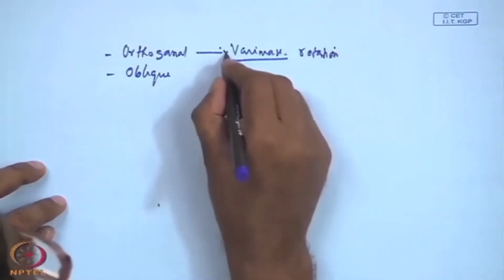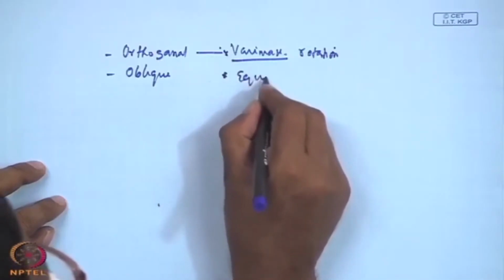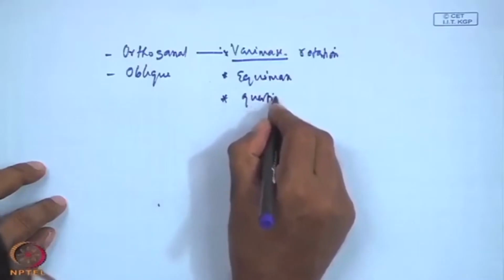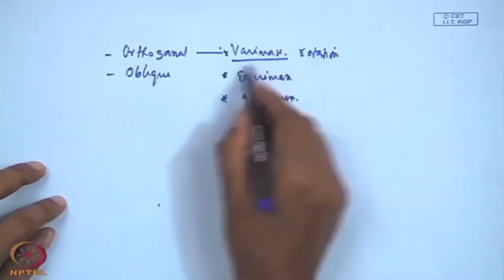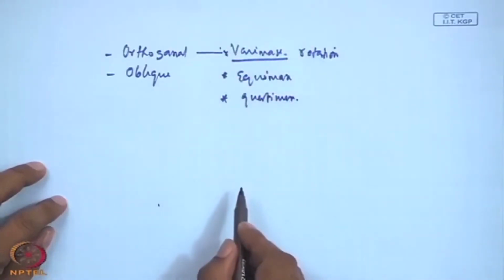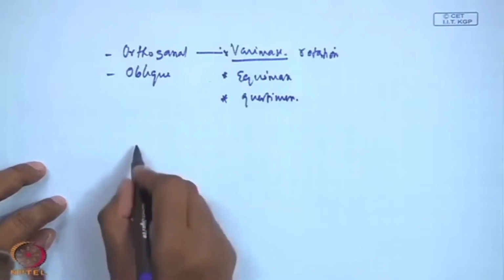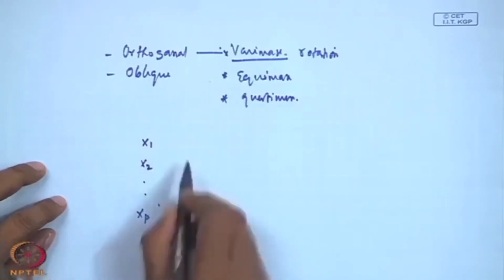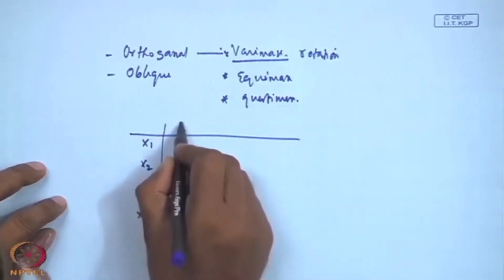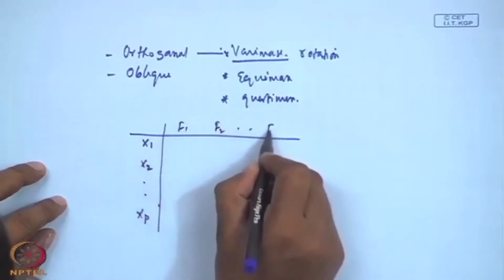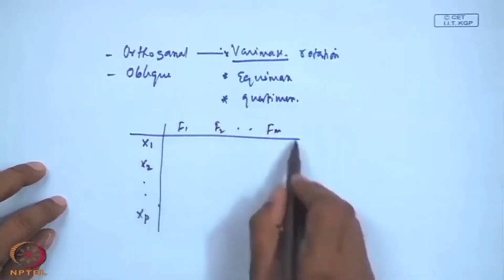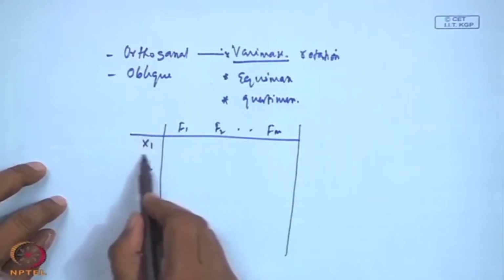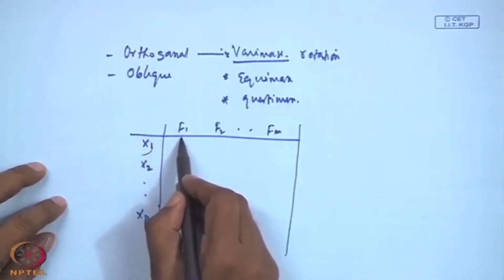There are other methods like Equimax and Quartimax, but Varimax is more popular. Varimax basically tries, suppose row wise I am putting the x variables and column wise I am keeping F1, F2, the factors, then the purpose of Varimax is that x1 must be loaded with one of the factors.